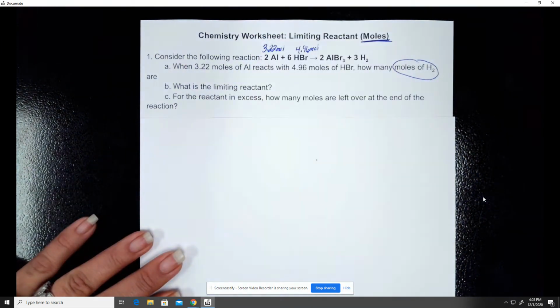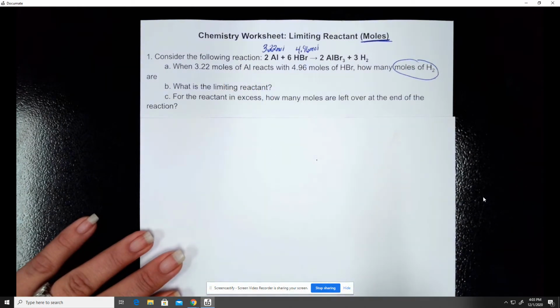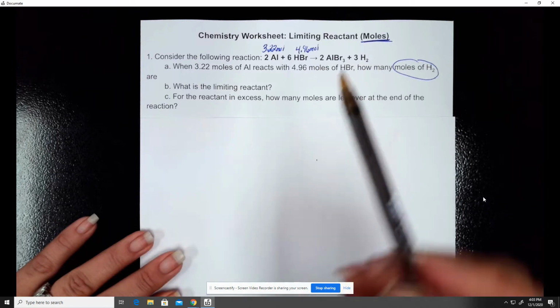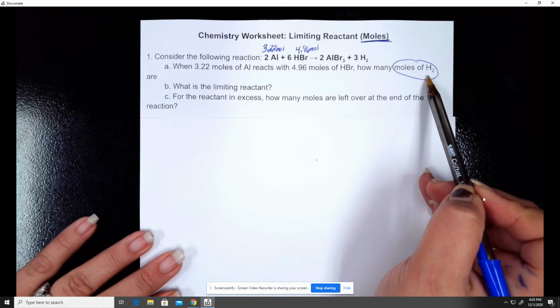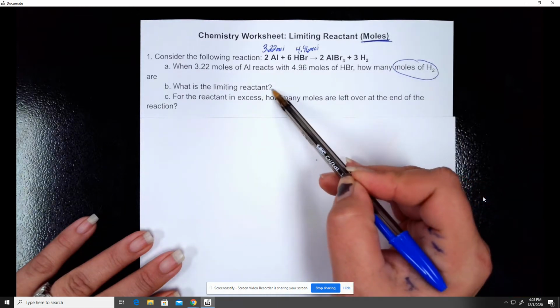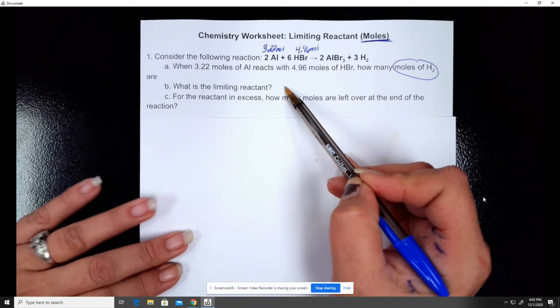All right, so those are my 2 givens. Now, we're going to answer these questions. It doesn't necessarily mean that I have one that I have to do first, but if we go by our example, if I calculate how many moles of hydrogen I can produce, that will in turn tell me what my limiting reactant is.